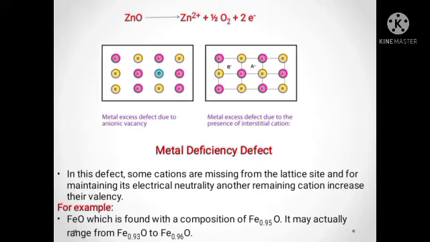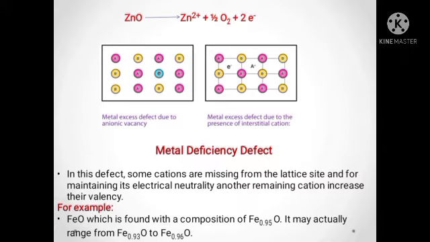Now move on to the next defect, which is metal deficiency defect. In this defect, some cations are missing from the lattice site, and for maintaining electrical neutrality, another remaining cation increases its valency.